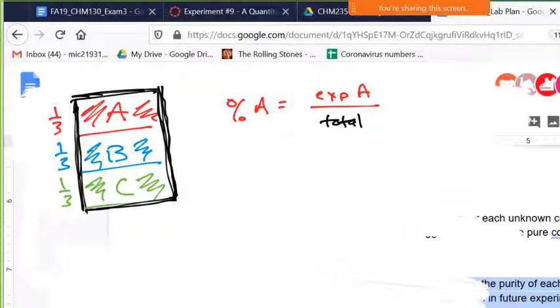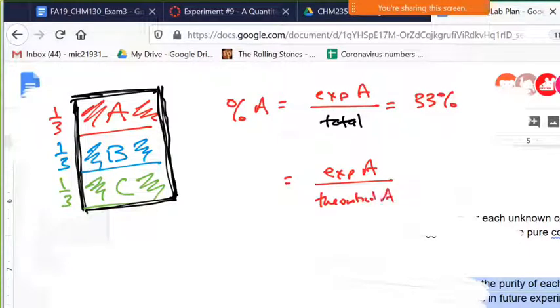What would my percent of A be? Well, if I'm looking at the entire total, that would be 33%. But if I look at this instead as my experimental of A over the theoretical, that could get reported up to 100%. That theoretical is this entire A section.